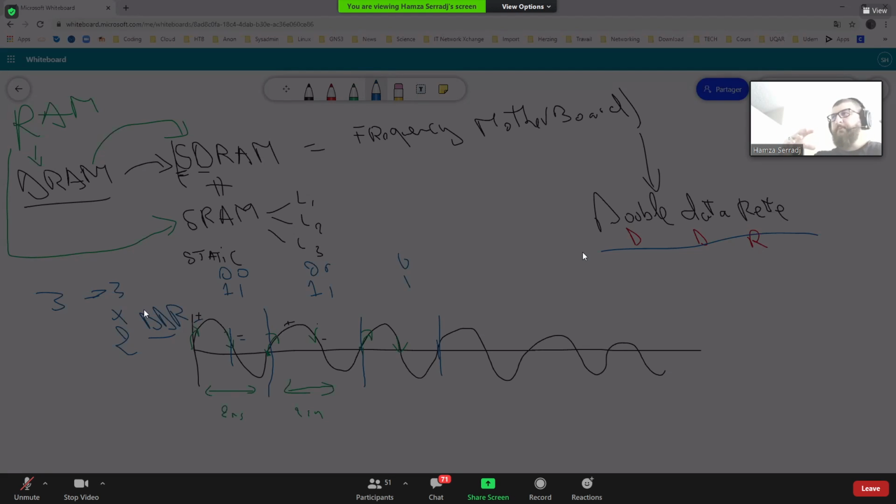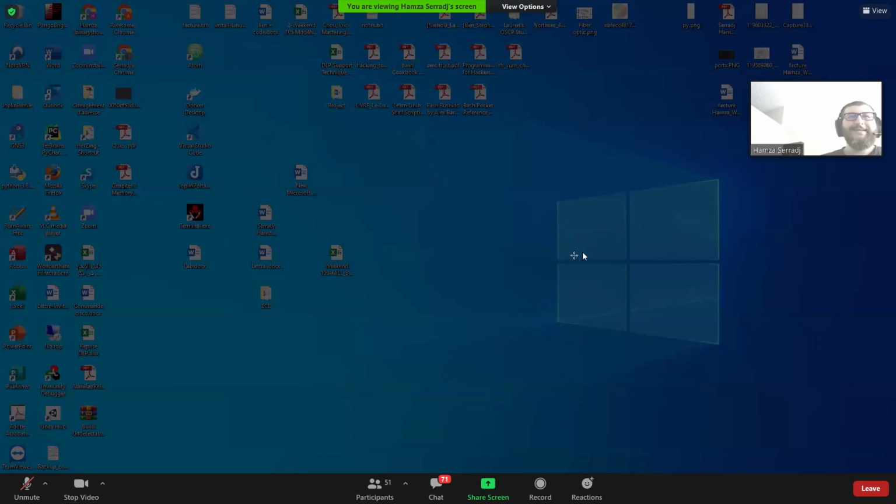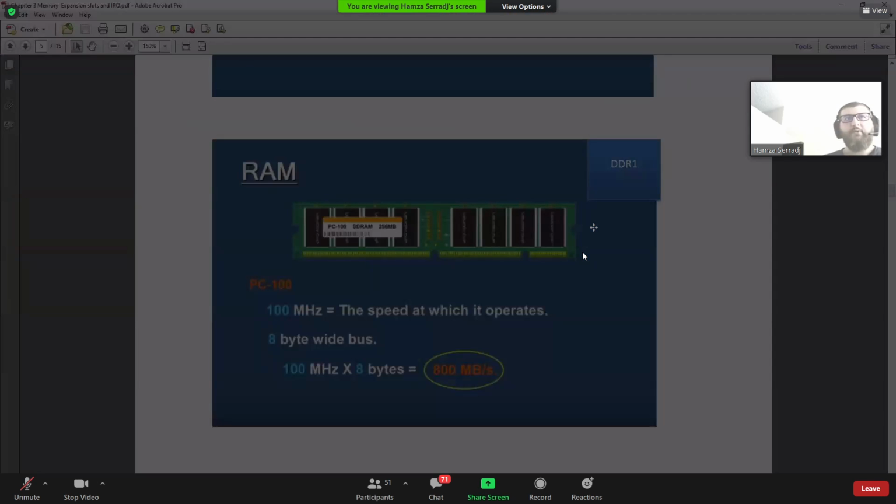Now in each cycle we have 2 of that, so at the same frequency I double the data rate, and this is where we get the DDR.